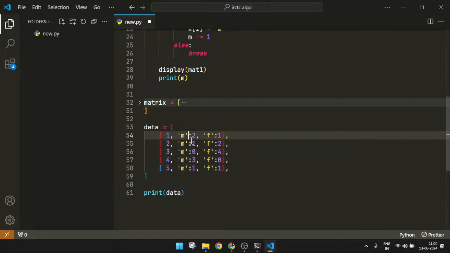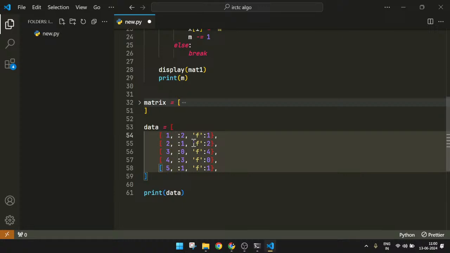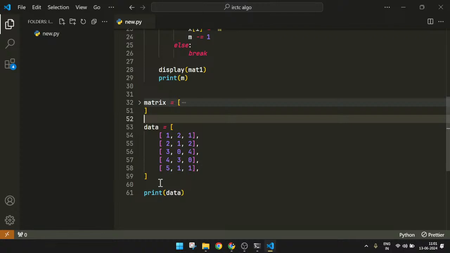Because I just need this, I can represent that data like this, so it's easier. And I also don't need this.